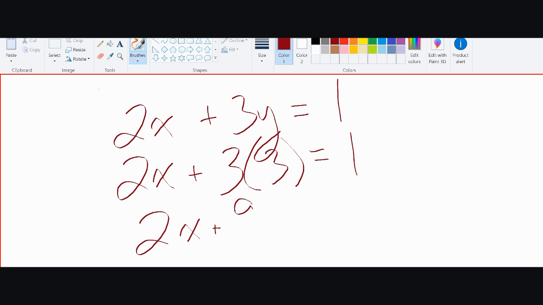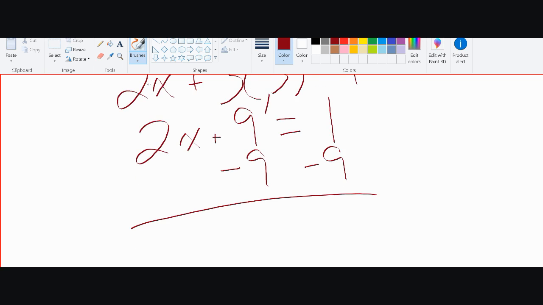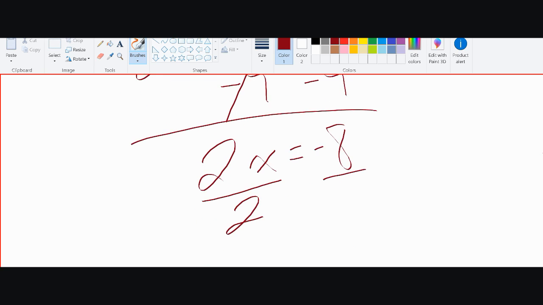So we subtract 9 from both sides. We get that 2x is equal to negative 8. Lastly, we divide both sides by 2. And we get that x is equal to negative 4. So I have x is equal to negative 4.